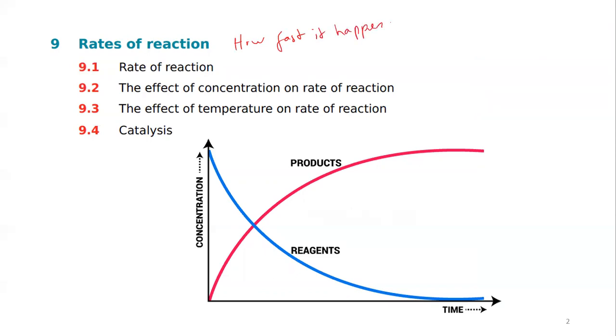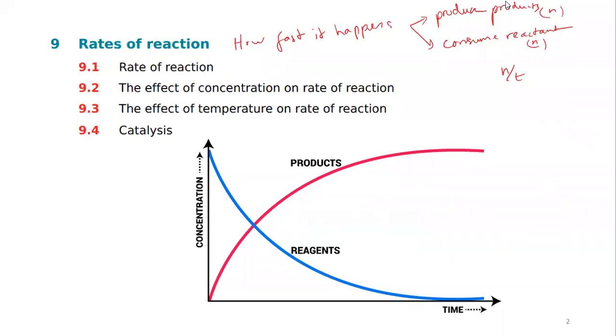So how fast it happens means how fast the reaction produces products or consumes reactants. For example, it is measured in moles divided by time.